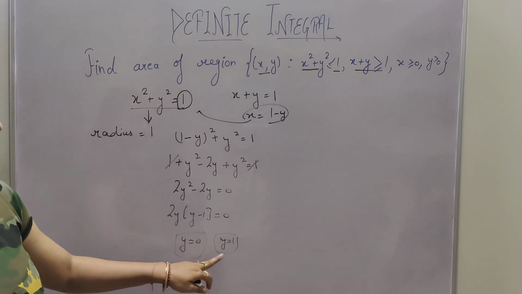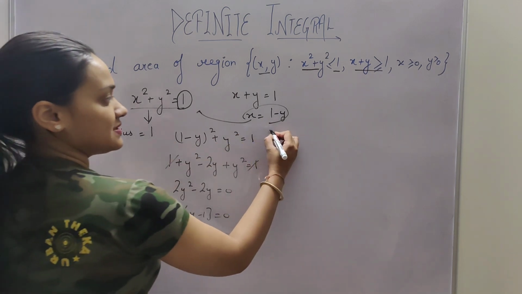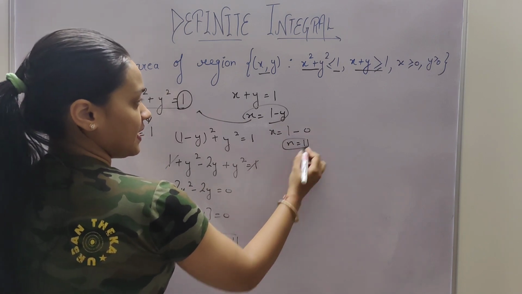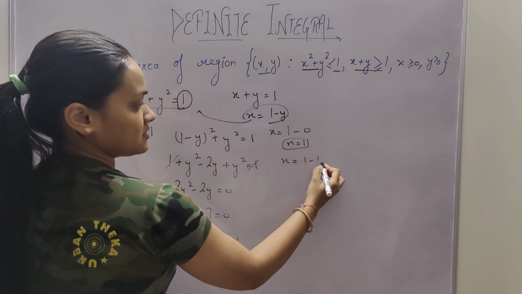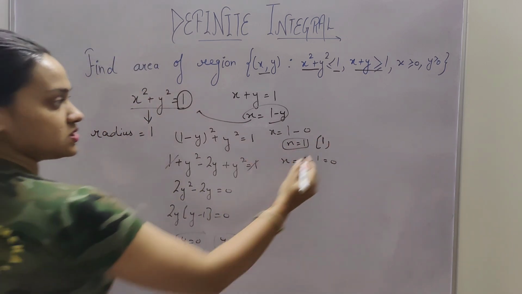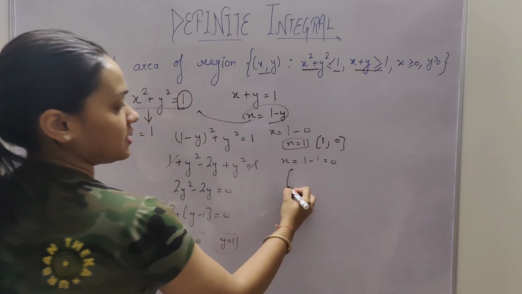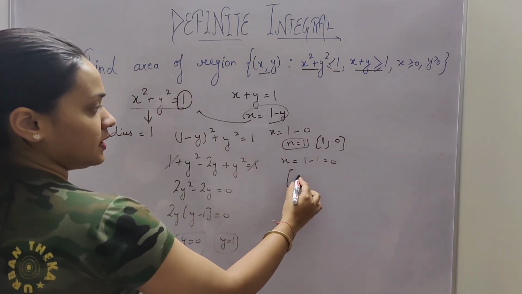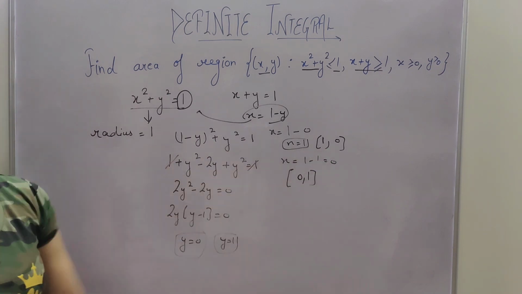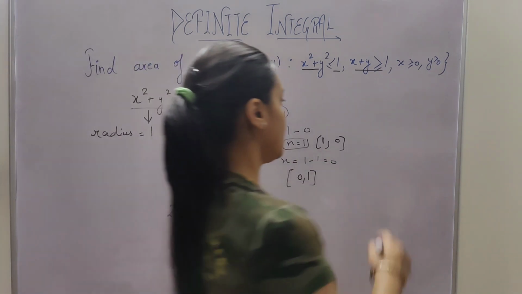And putting these values of y in this equation, we get x is equal to 1 minus 0, x is equal to 1, and x is equal to 1 minus 1, which is 0. The points come 1, 0 and another point is 0, 1. These are the two intersecting points of the equations.